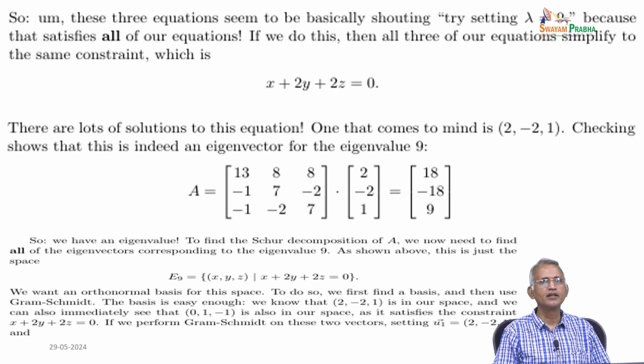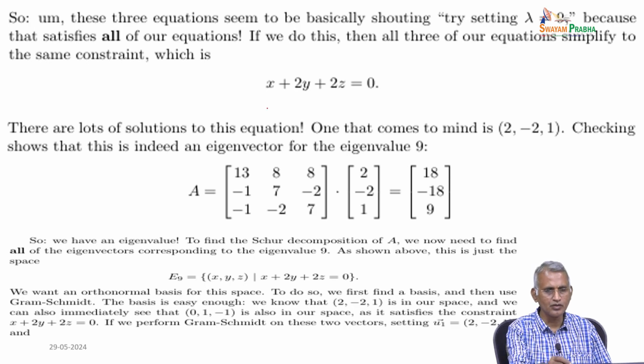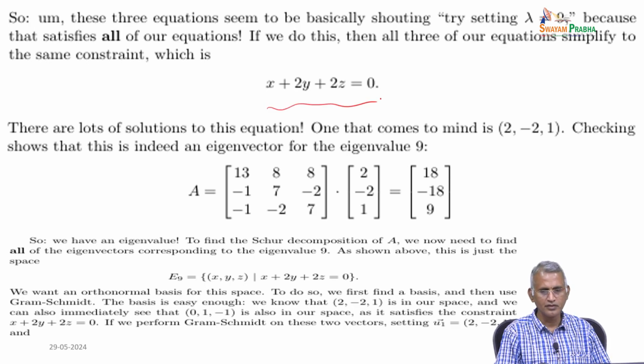Now, we try setting lambda equal to 9, and it satisfies our equation. So, all three of our equations simplify to the same constraint, x plus 2y plus 2z equal to 0. Now, an idea comes to mind: take the values 2, minus 2, 1 and check the corresponding eigenvalue.